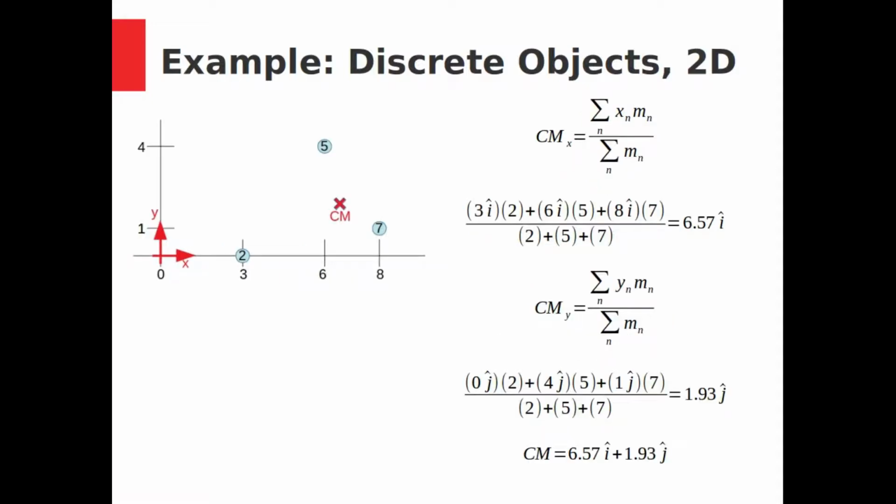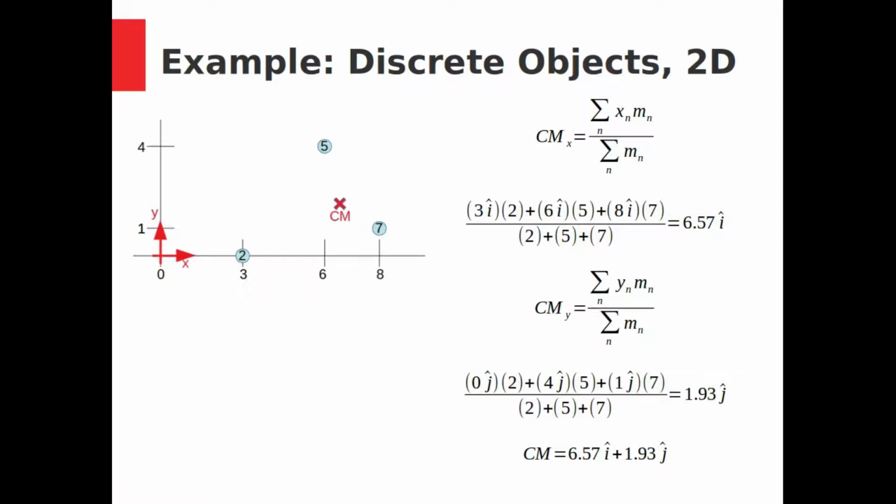Now, what would happen if the asteroids were not all in a straight line? In this case, the center of mass will not lie along the x-axis. It will have a y component as well. In this case, we have to apply the same equation as before, but we have to do it twice, once in the x direction and a second time in the y direction.